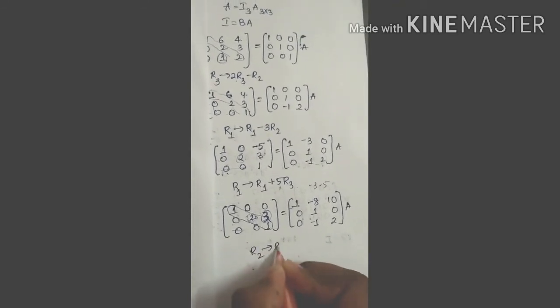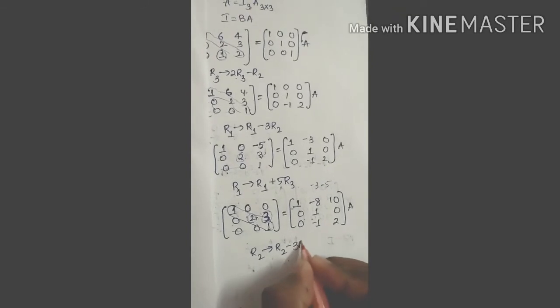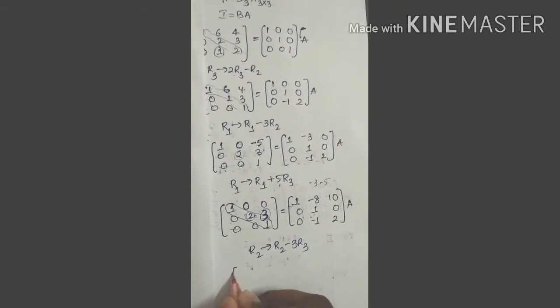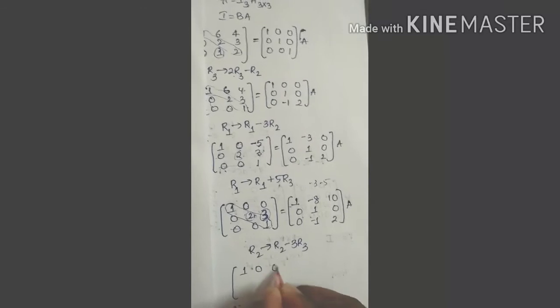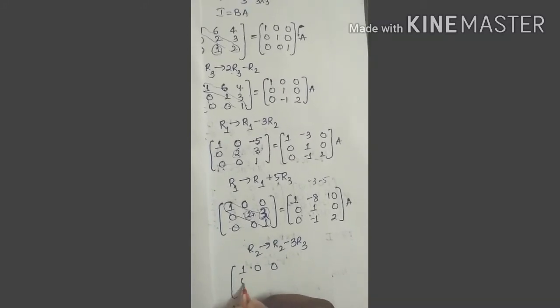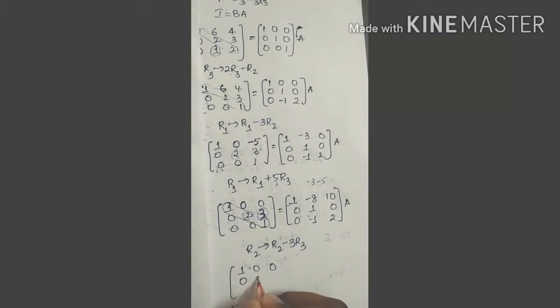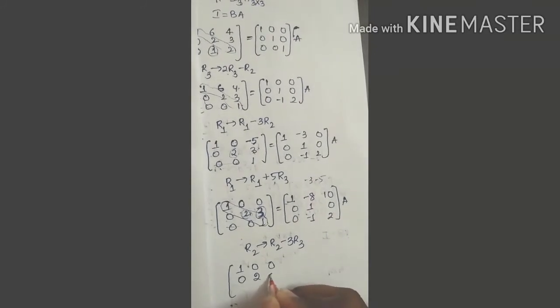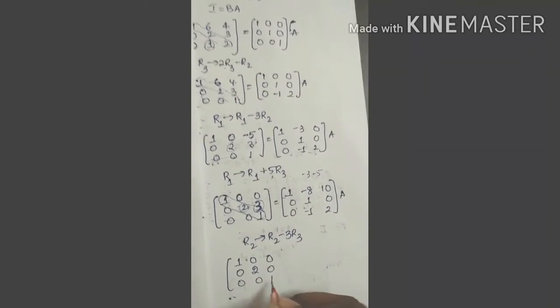R2 tends to R2 minus 3 into R3. 1 0 0, 0, 2. Here we'll get 0 0 0 1.